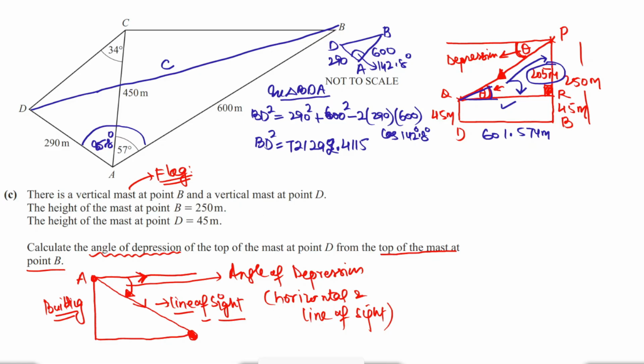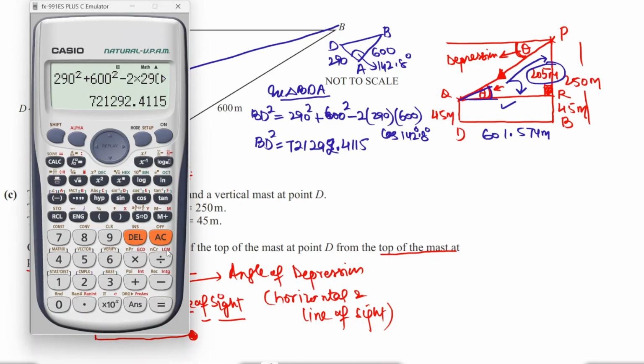Let us take the square root here, then we'll find BD. Square root of 721,292.4115. What we got here? I think we made a mistake here. Okay, let us try it again. 721,292.4115.